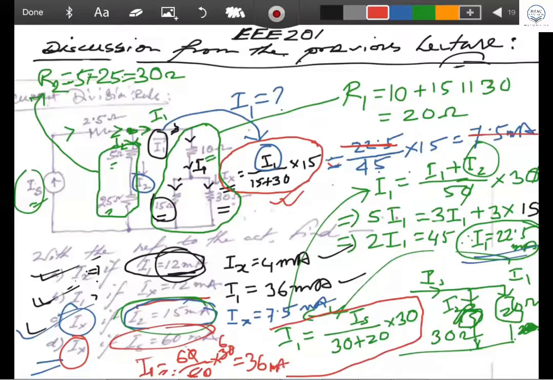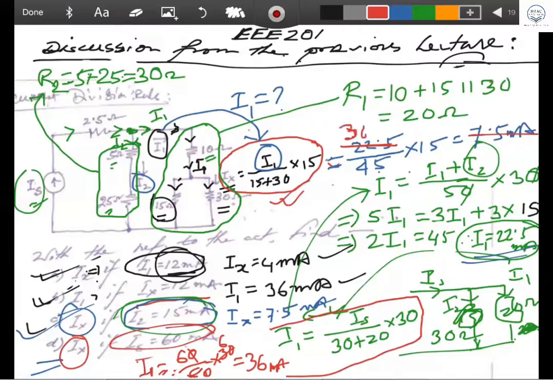So if you get 36 milliampere, you can substitute the I1 value as 36 milliampere into this equation. So it is no more 22.1, it is 36 milliampere.